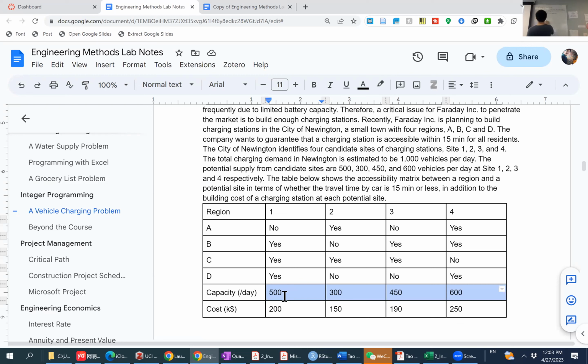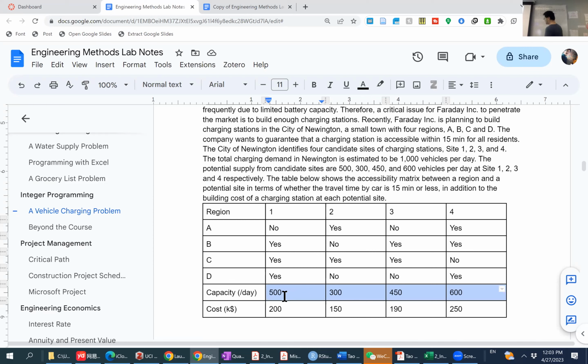And in mathematical expression, the objective function is to minimize a variable symbolized by z.